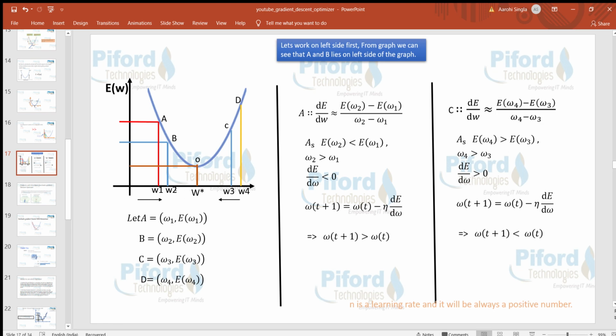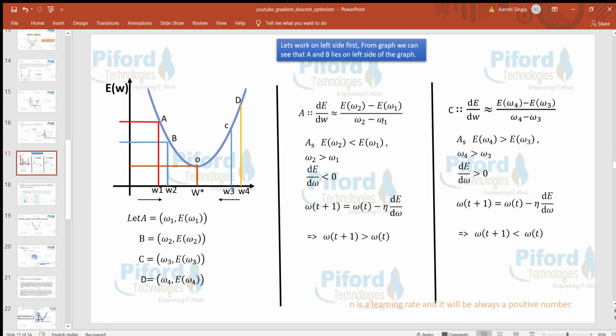And we also know that W2 is greater than W1, since values increase in this direction. So basically what I'm trying to say is our numerator is negative and denominator is positive. That means dE by dW is less than 0. Why is this less than 0?